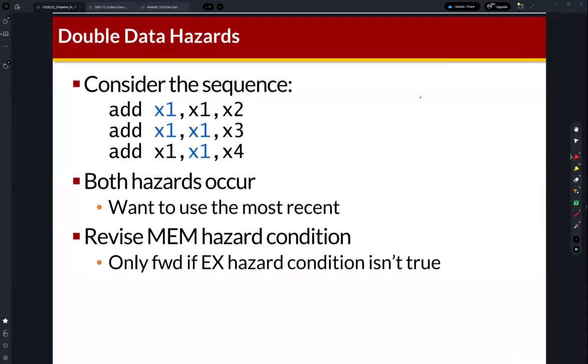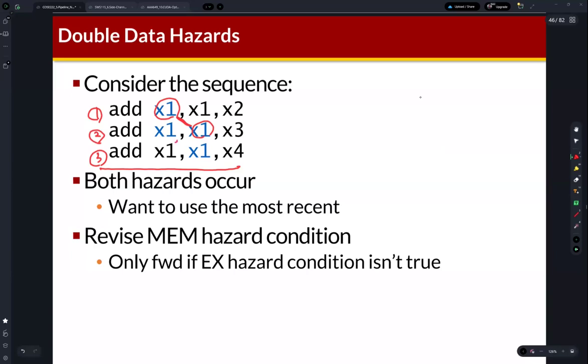And then we need to also consider the double data hazard. So what is the double data hazard? You can see this example. You can find the data dependency between the first add and the second add, right?